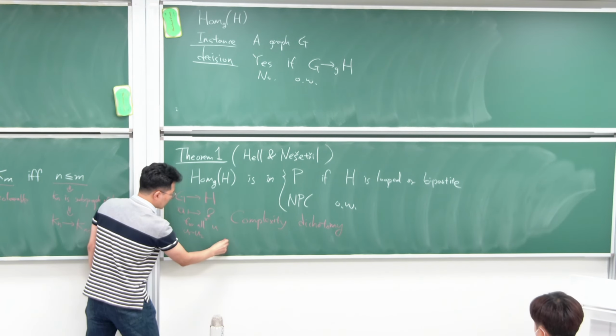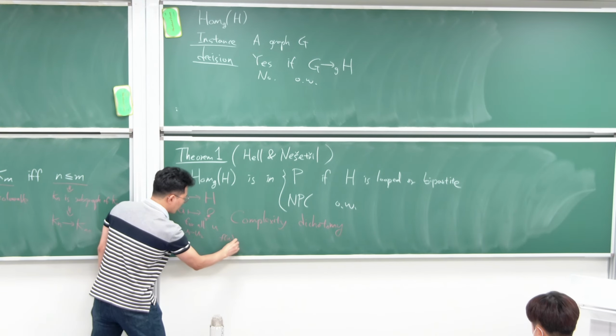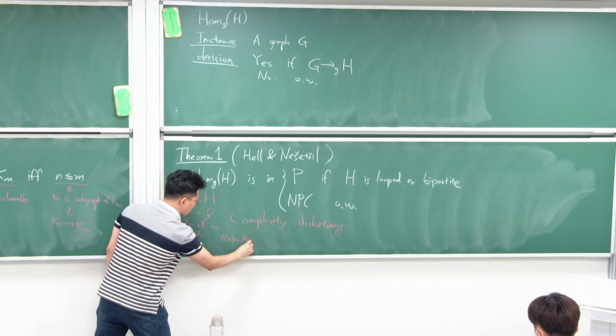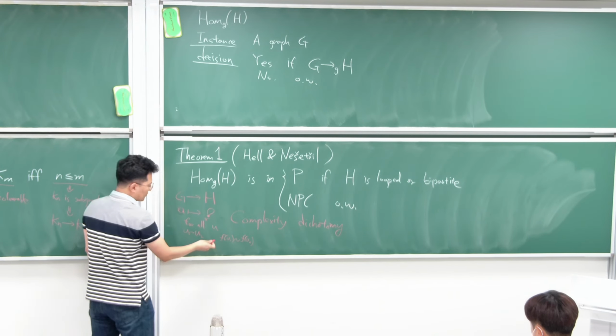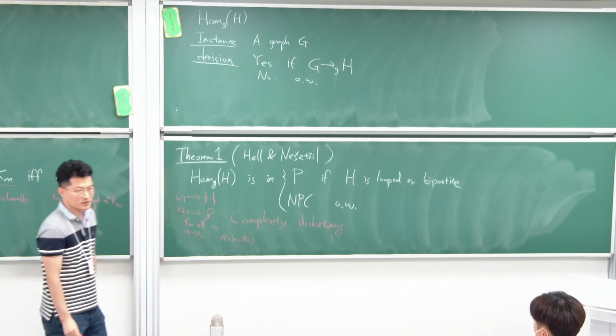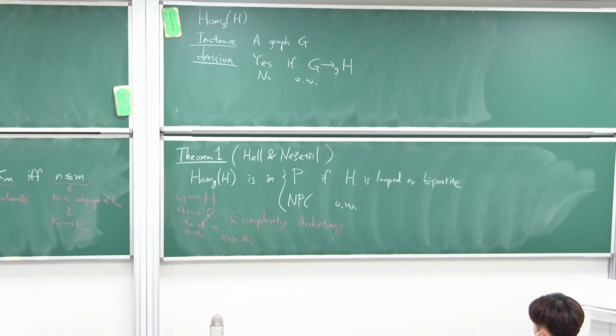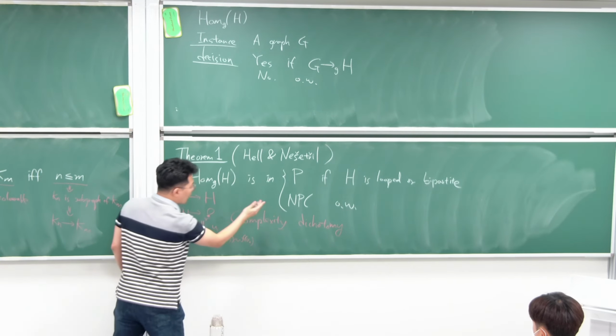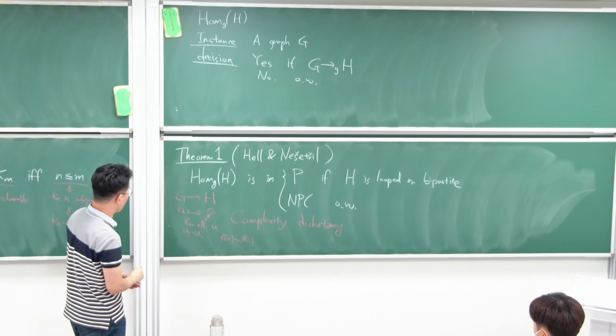So f(u1) and f(u2) are adjacent because there's a loop on this vertex.